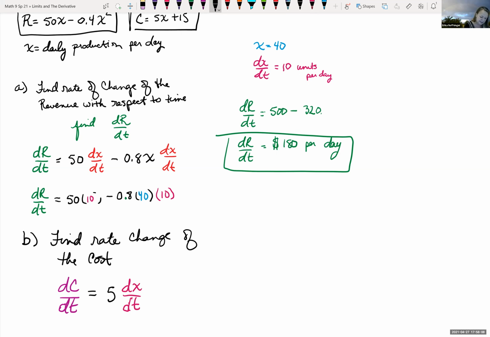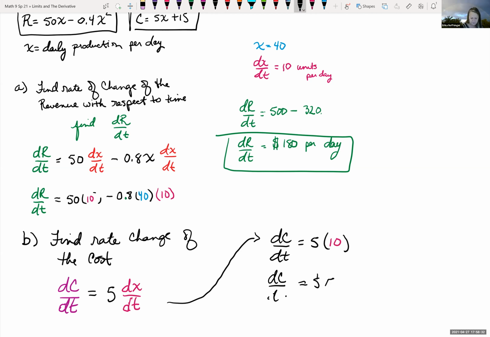So we get dC/dt is equal to 5 times the rate of change of our production, which was 10. So the rate of change of our cost with those values is going to be $50 per day.